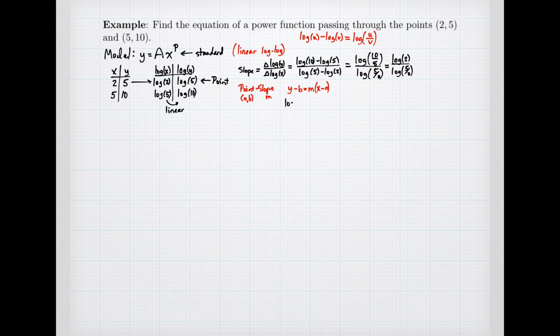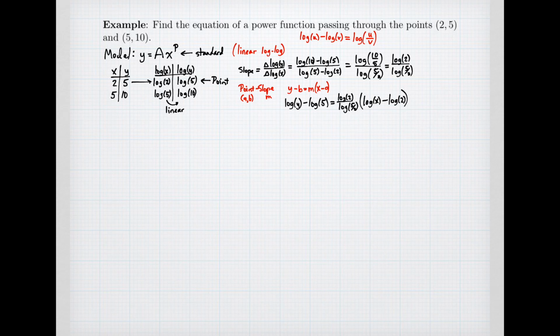So my equation is going to be log of y, that's my y variable, minus the y coordinate of my point, so here it's log of 5. This is going to be equal to the slope, which was log of 2 divided by the log of 5 halves, multiplied by the log of x, that's my x variable, minus the point's x coordinate, log of 2.